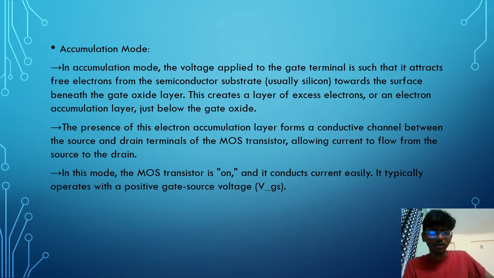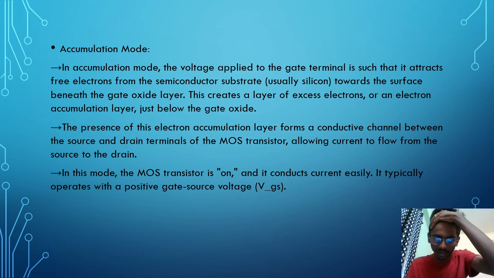Accumulation mode. In accumulation mode, the voltage applied to the gate terminal is such that it attracts free electrons from the semiconductor substrate towards the surface beneath the gate oxide layer. This creates a layer of excess electrons, or an electron accumulation layer, just below the gate oxide.